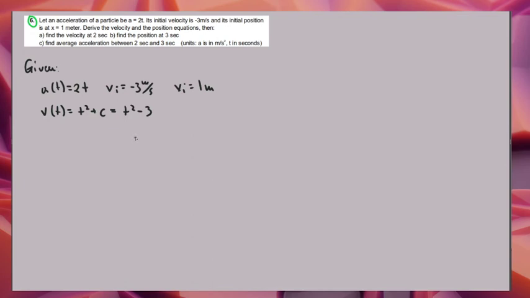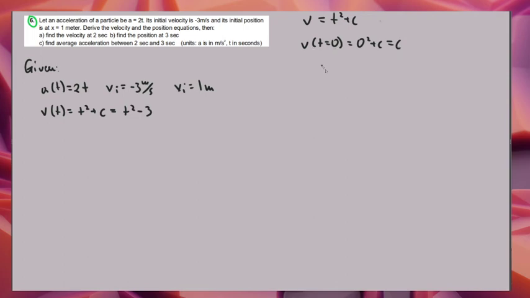In case somebody got lost on this, maybe on the side I'll confirm that this is the case. If I found that this function v is t squared plus c, then I can say v at t equals 0 is 0 squared plus c, which is just c.